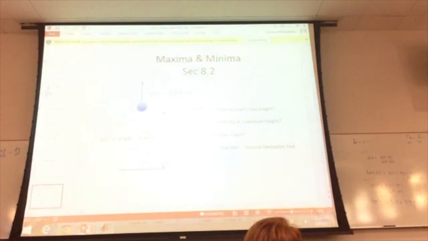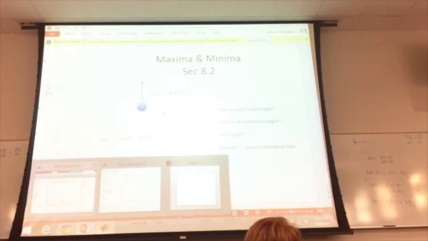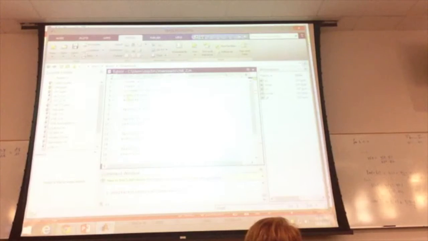And that's exactly the same as this equation here, 4.43 t minus 4.905 times t squared. Okay, that is y of t. I declare a variable called y of t. And then I differentiate that and find out what v of t and a of t are. So let's run this code and see what we get.